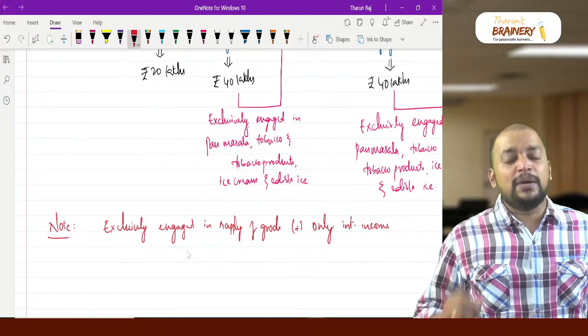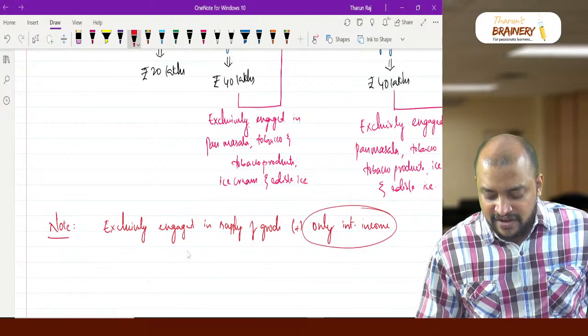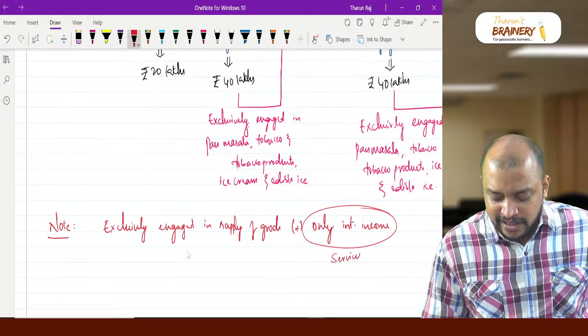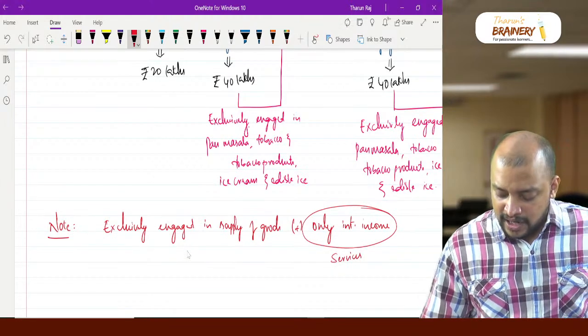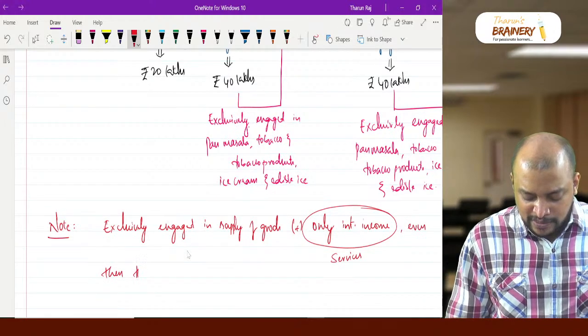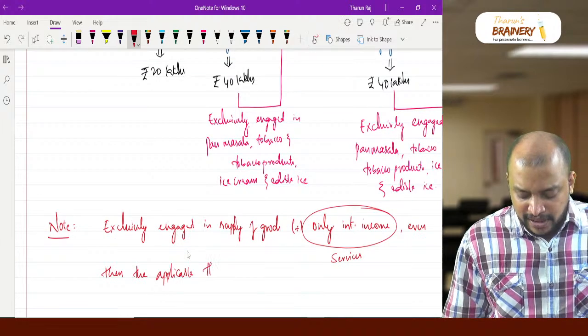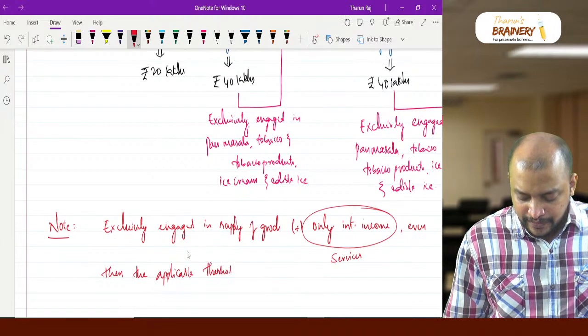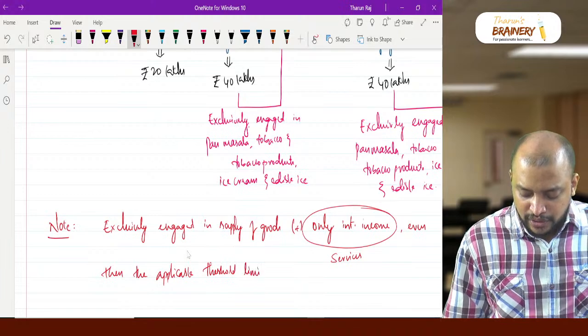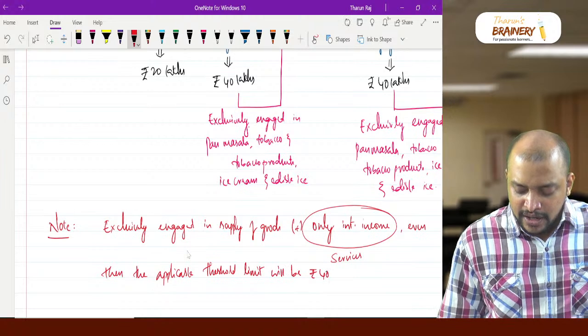So then what will be the applicable limit? Interest income is what? So interest income is services. Even then, okay, even then, the applicable threshold limit will be 40 lakhs. Okay, so what does it mean?